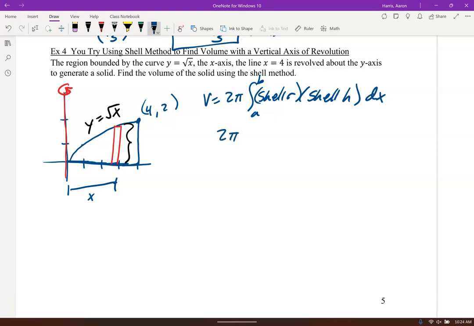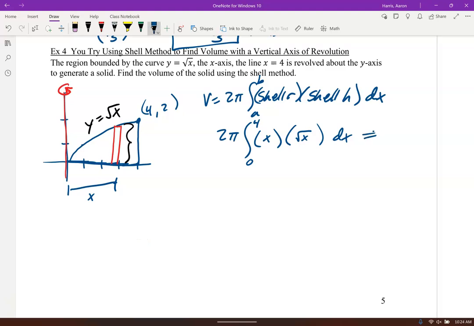So we got 2 pi, we got a shell radius, our shell height is top minus bottom, square root of x minus 0. And then we're summing it up from x being 0 up until x being 4.